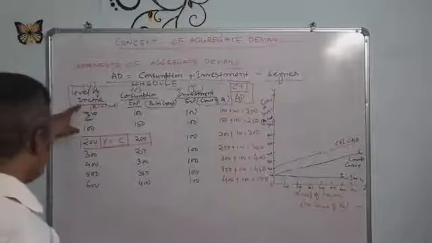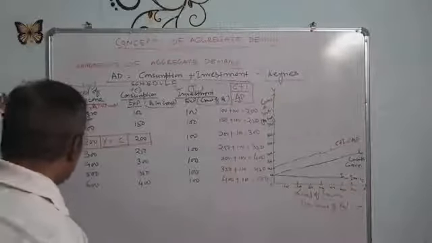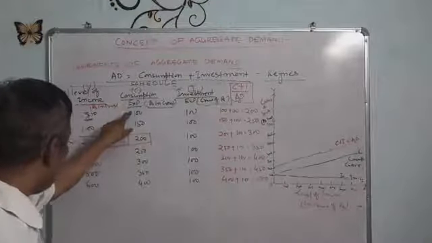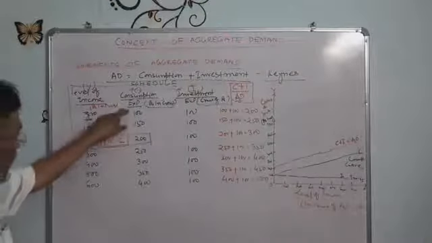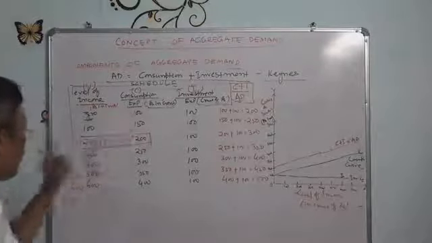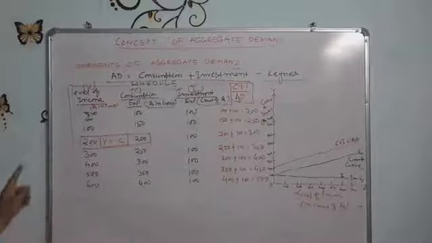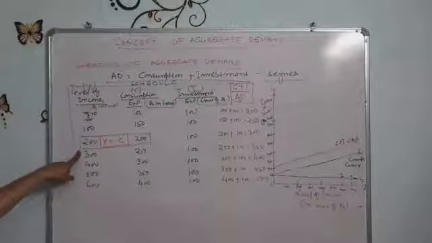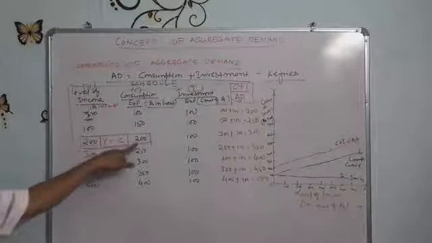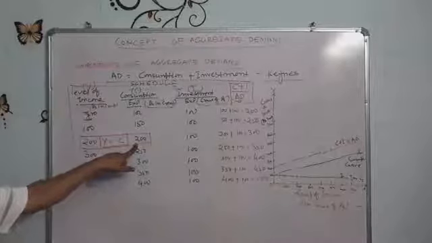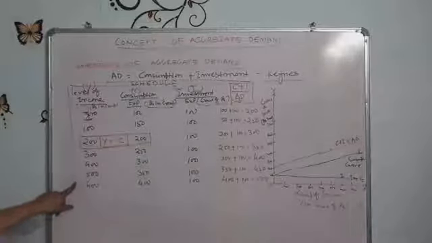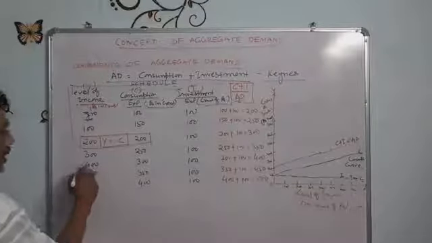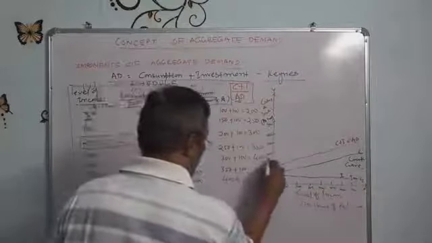Before that, income increases, consumption increases, and the proportions are not equal. Remember it. At the level of income of 200 crores rupees, consumption is 200 crores rupees, and at the income level of 400 rupees, the aggregate demand is 400 rupees.